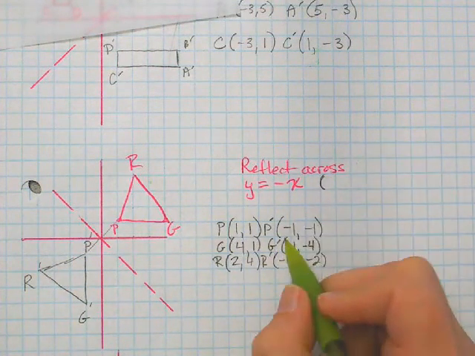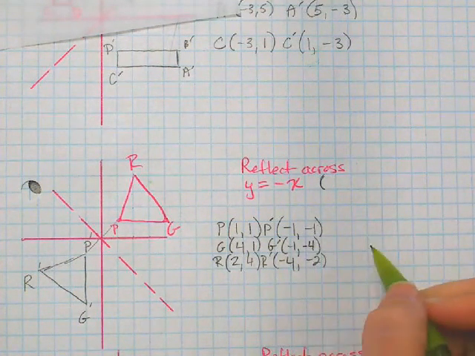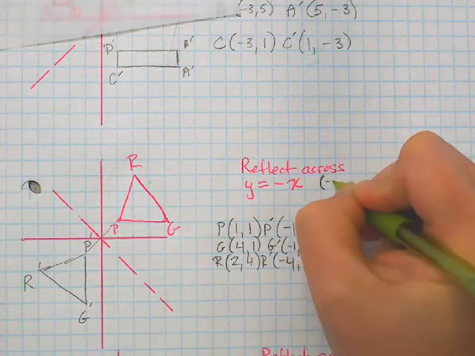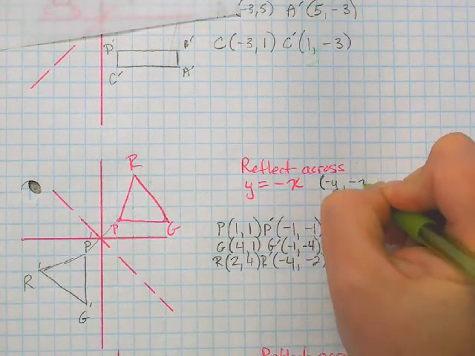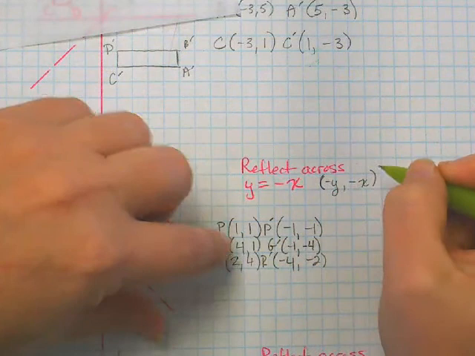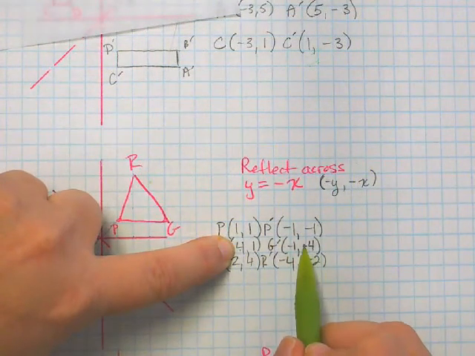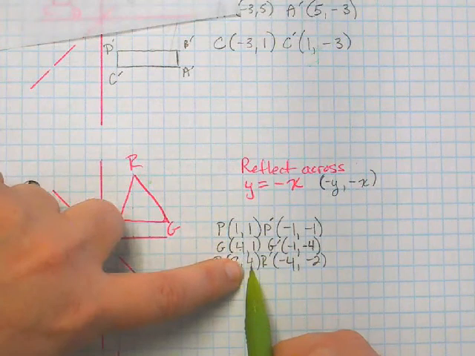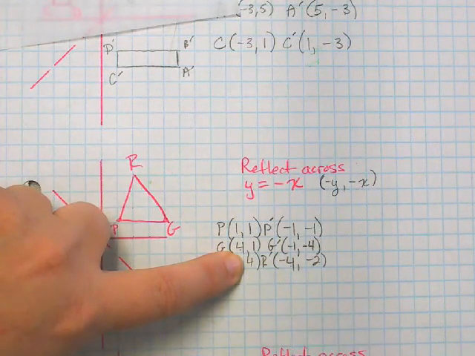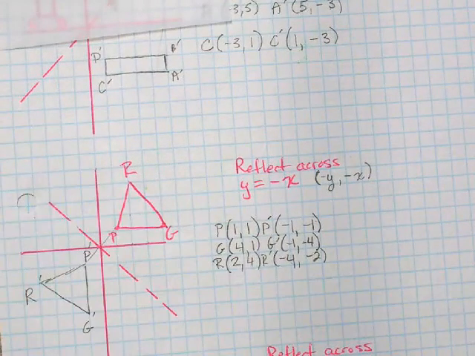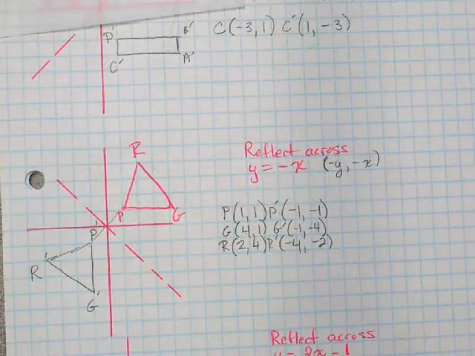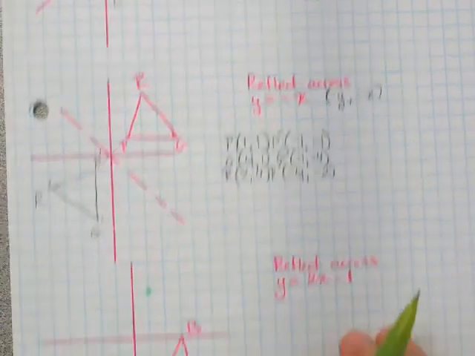So my rule here is instead of my x and y's just flopping, it's negative y, negative x. Whatever my x was becomes my y value but negative, and whatever my y value was becomes my x value but also negative. Well, that's nifty.